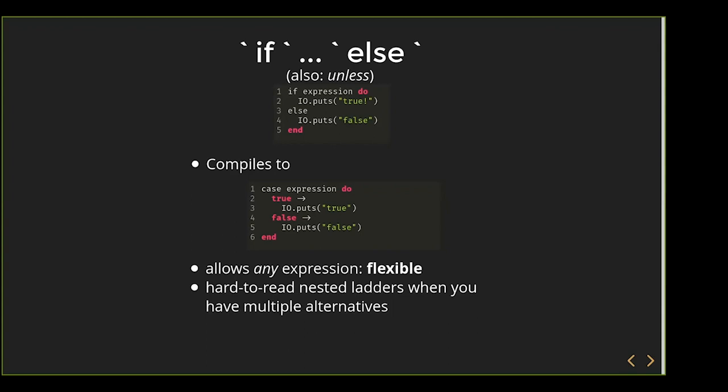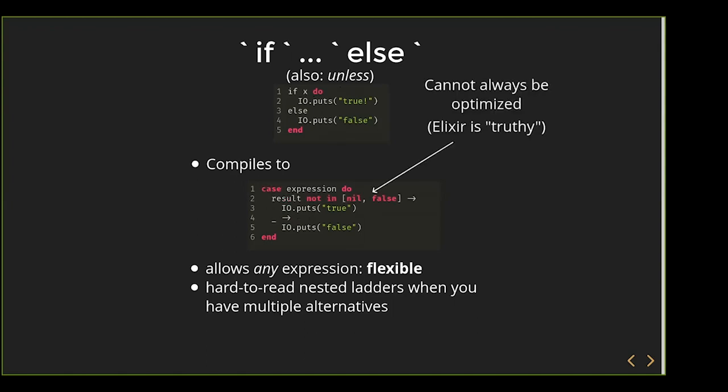How this works under the hood is that the result of your if-else is compiled to a case expression, but rather than pattern matching in the expression itself, we pattern match on the result of evaluating the expression, which is either true or false. Now, that's not entirely true, because Elixir allows other things besides true or false and treats them in the same way.